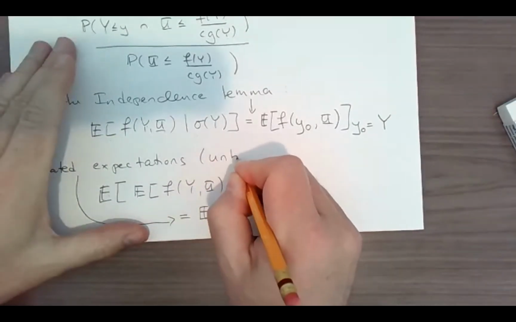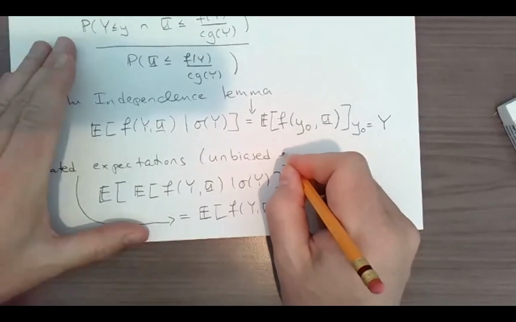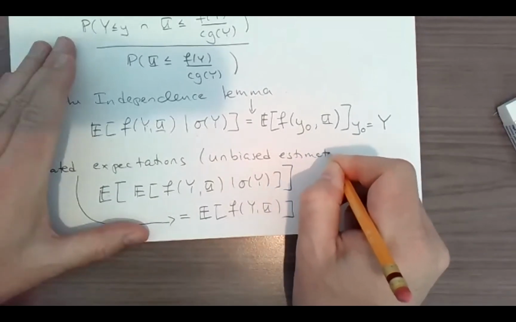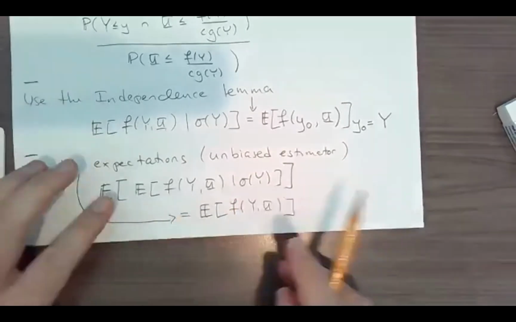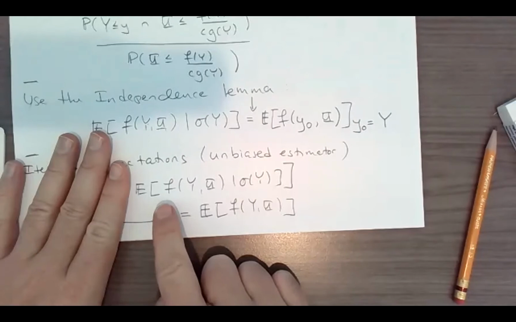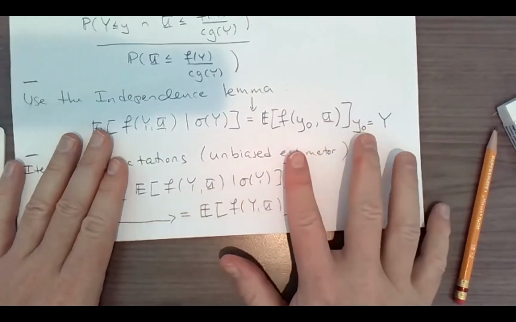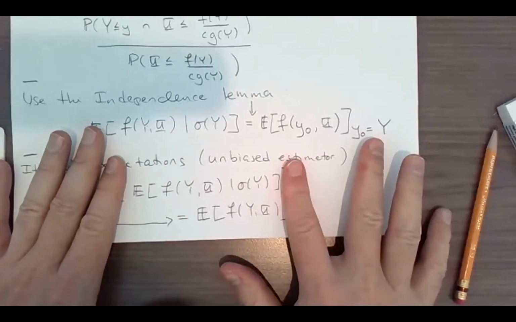This was the unbiased estimator. I'm thinking about this conditional expectation here as being an estimate of f of Y comma U, given I know what Y is. So that's an estimate.